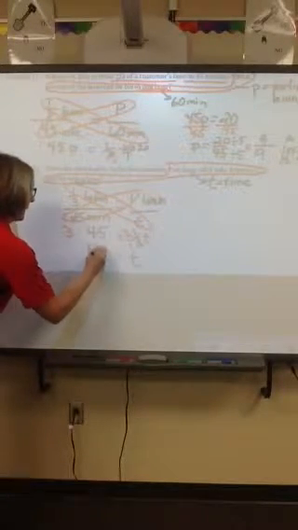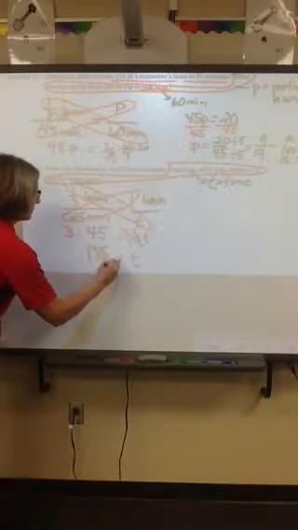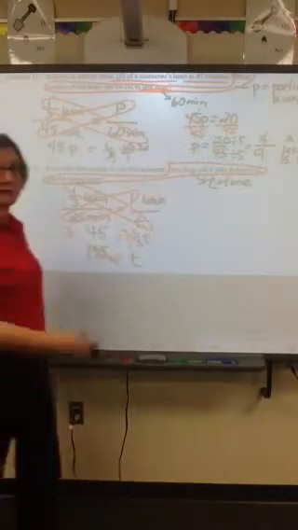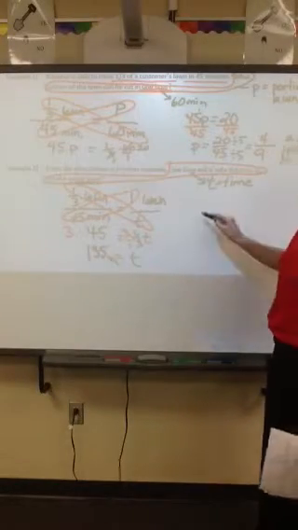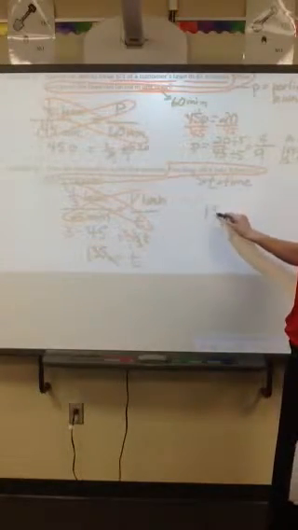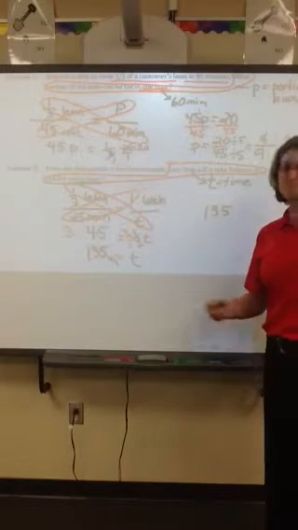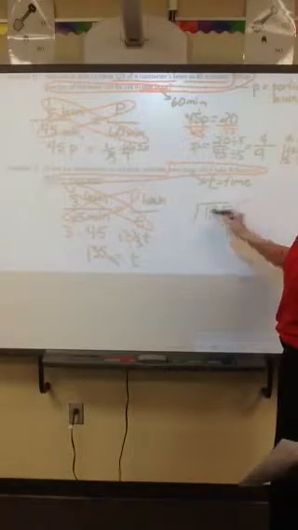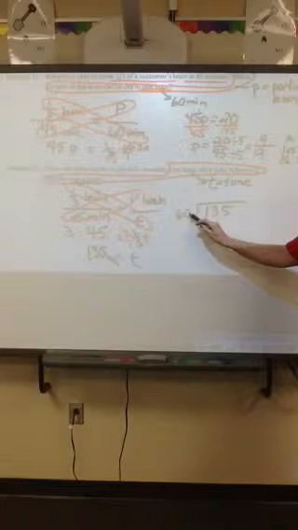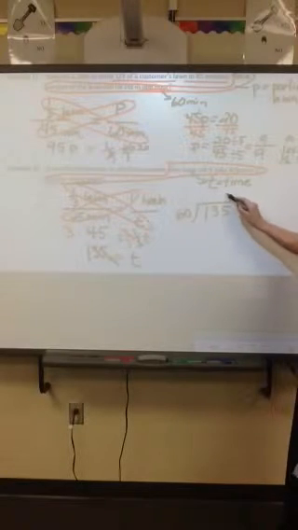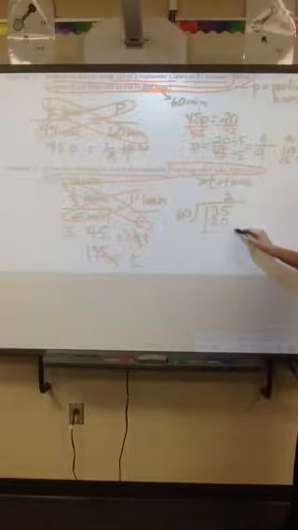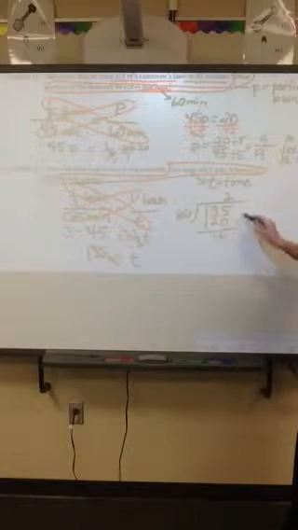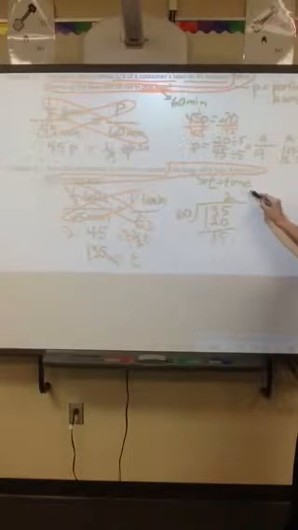minutes. And most customers would be like, well, what's 135 minutes? Come on, do the math for me. So if we do the math, 135 minutes, we can convert that to hours by dividing by 60 minutes in an hour. So if we divide by 60, 60 will go into 135 twice. 2 times 60 is 120, and then I have 15 left over, so that's like 15 over 60.